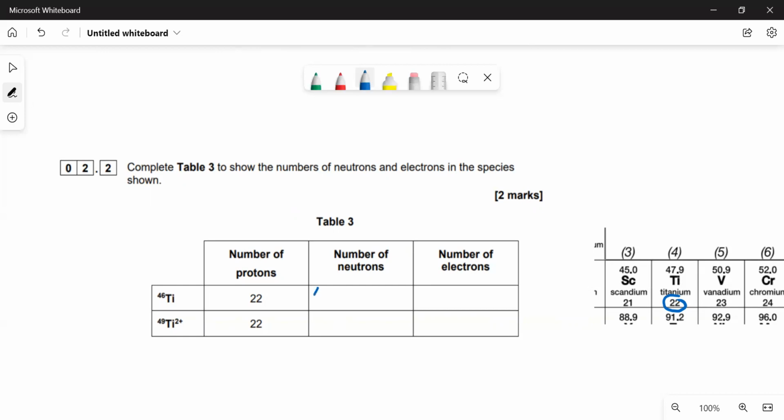Well, that's going to be 46, the mass number, minus the number of protons, so that's equal to 24. The 49, it's going to be 49 minus 22, which is going to be 27. Number of electrons in those species, well, this is neutral, so the number of electrons is equal to the number of protons, 22. This has a double positive charge on it, so it's missing 2 electrons, so that's going to be 20 electrons for that one.